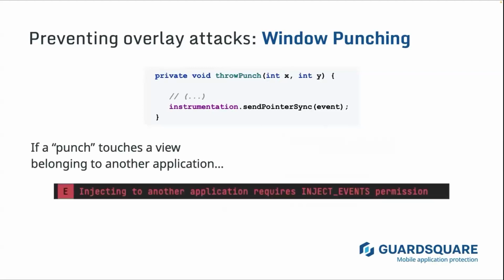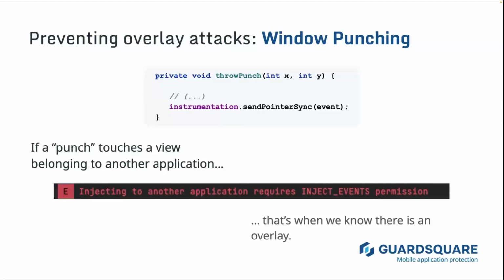Why? Because we are not allowed to touch other applications, right? So if we see that this happened, then we know that there was something on top of our application that is not our application, so an overlay.